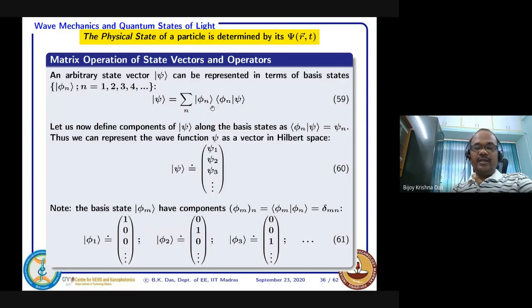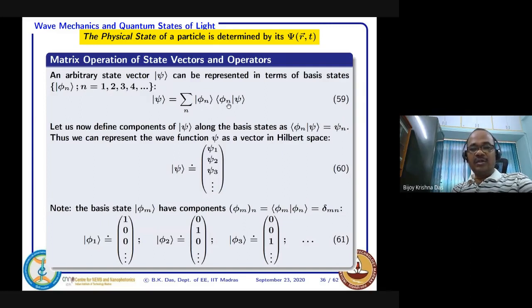So what we are writing is the sum over n of ket phi n, that gives n equal to 1, 2, 3, 4, meaning all basis vectors are coming. And the second factor, bracket phi n psi, is given because psi is the state vector you want to represent in the vector space with basis vector phi n.